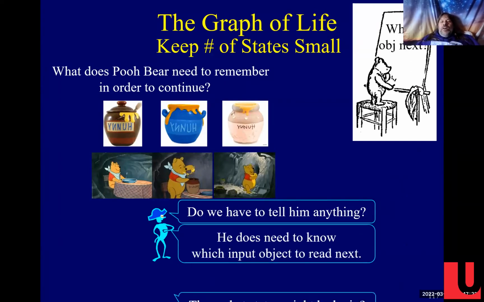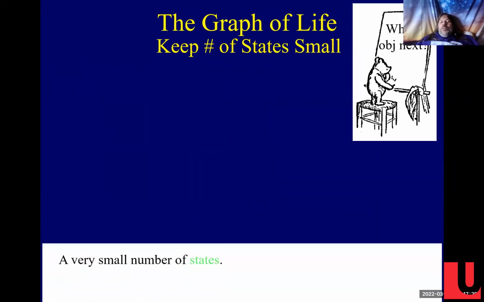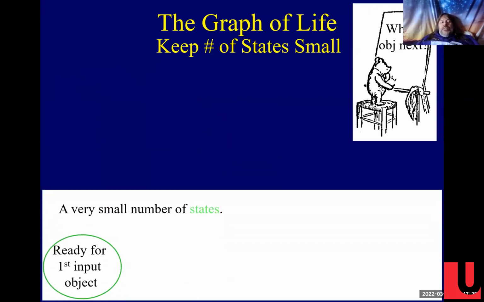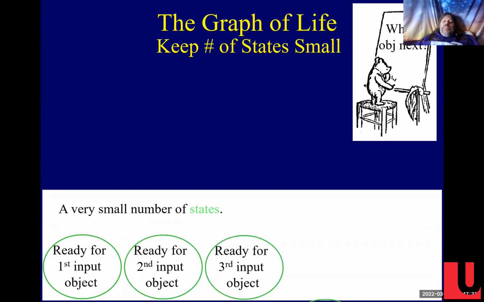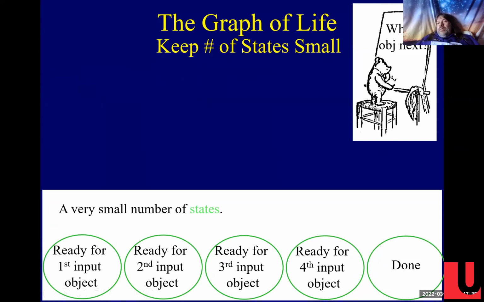All we have to remember is what time it is. I'm ready for the first object, or the second, or the third, or the fourth. So my state is just remembering what time it is, i.e. how many input objects I've read so far. We might later need to remember more than this, but this is the minimal that we have to remember.